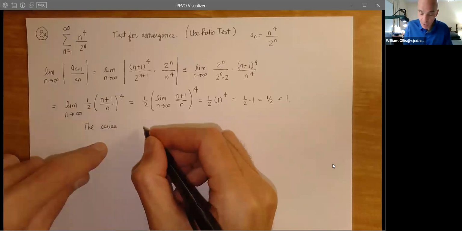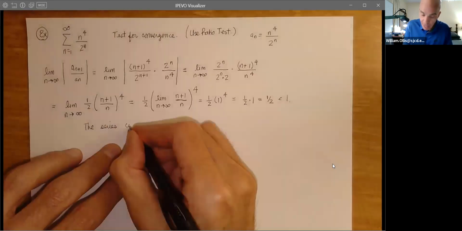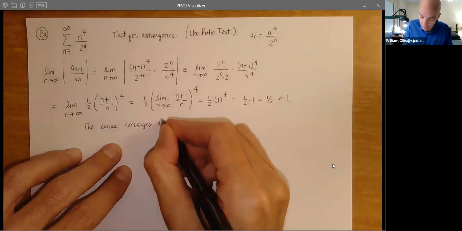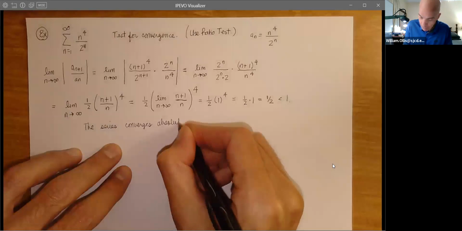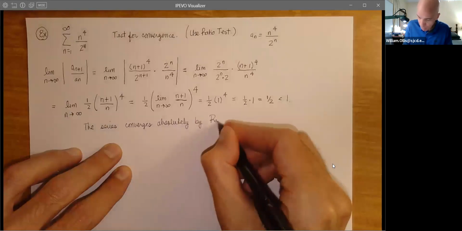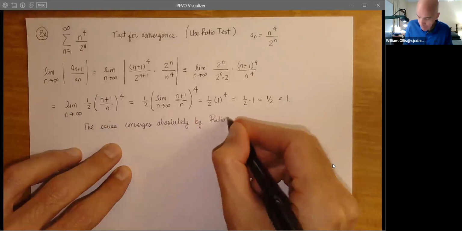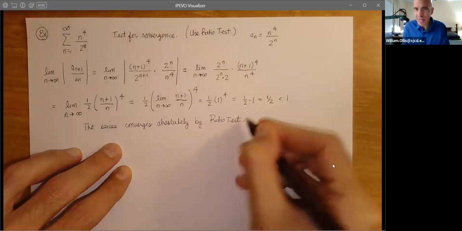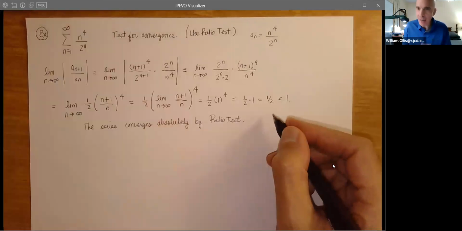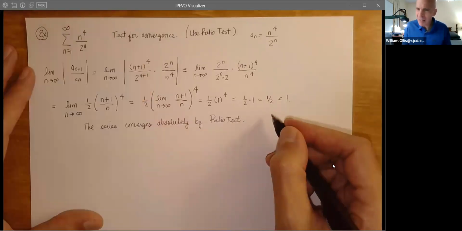We say the series converges absolutely by ratio test. And since we're going to have a root test, we can't really abbreviate it as RRT because you wouldn't know. I mean, clearly by context, the person would know, but that's okay.